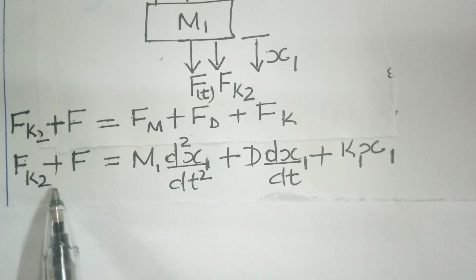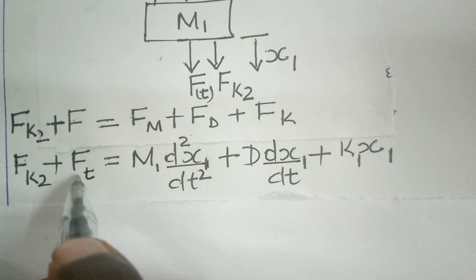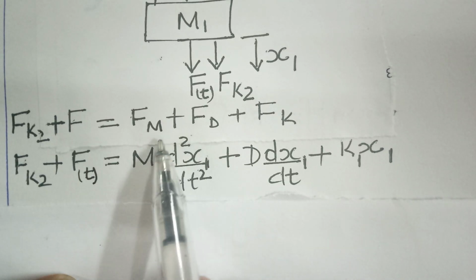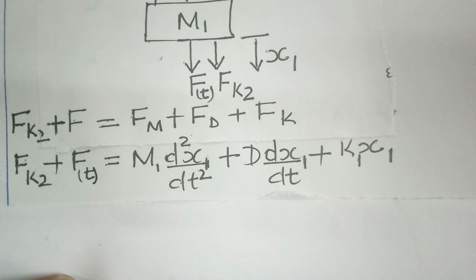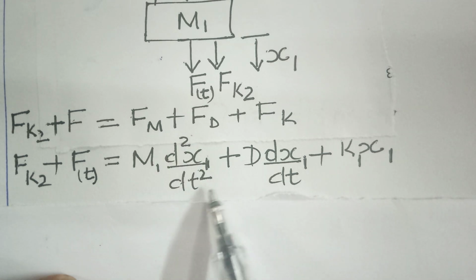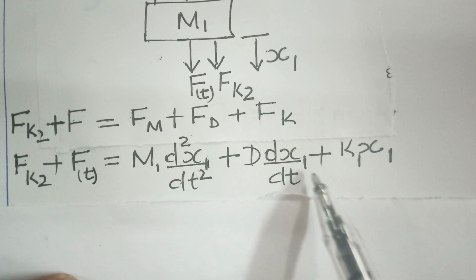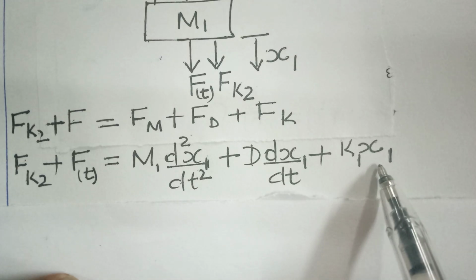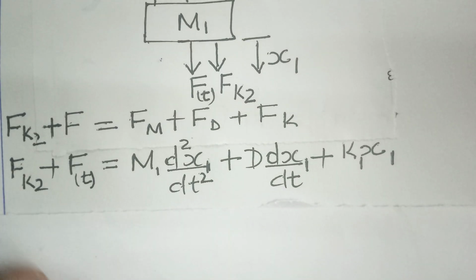We shall have Fk2, this is going to be Ft, equals M1 times the acceleration, written as d squared x over dt squared, plus D times the velocity of the damper, plus the displacement of the spring times its constant there.